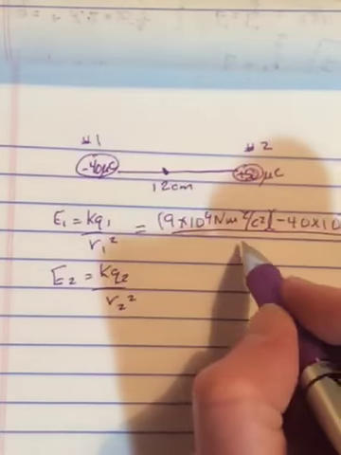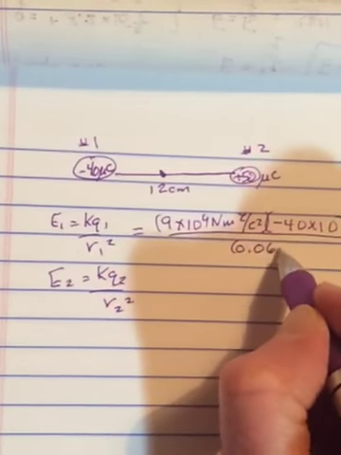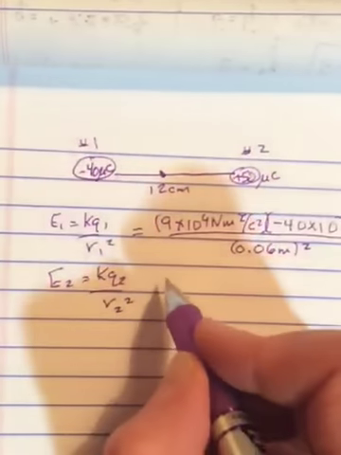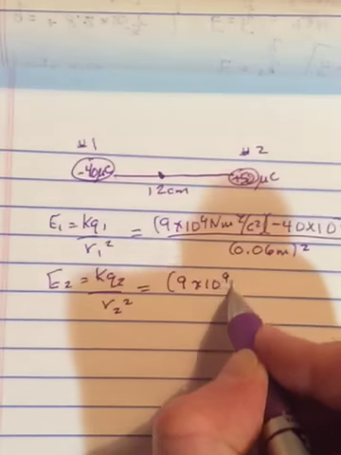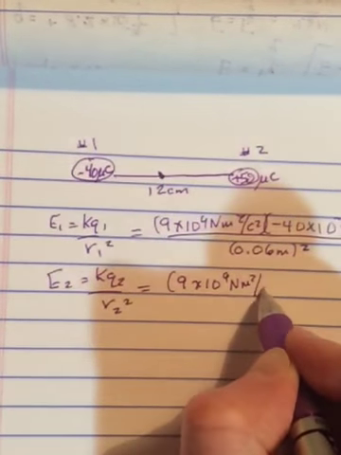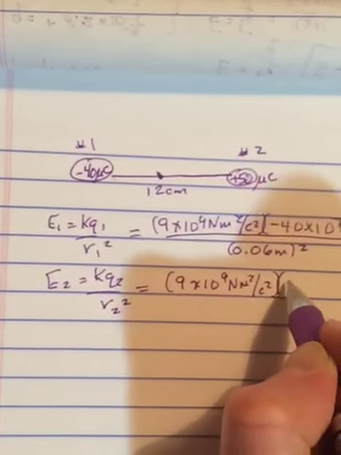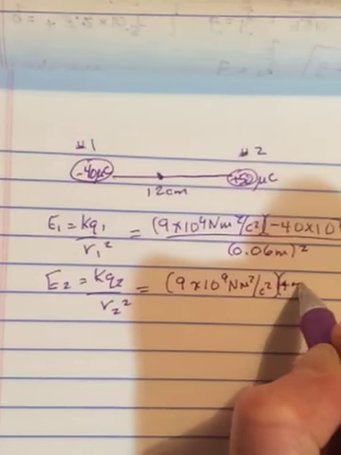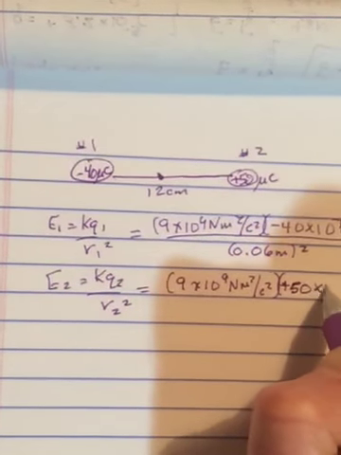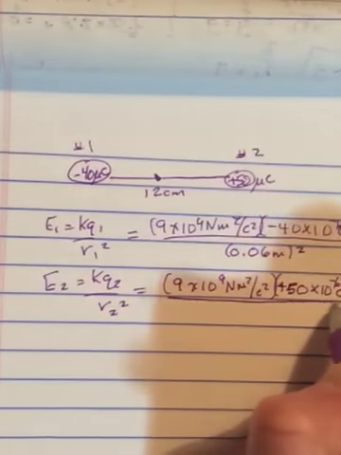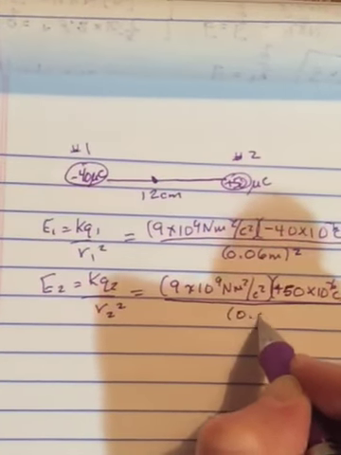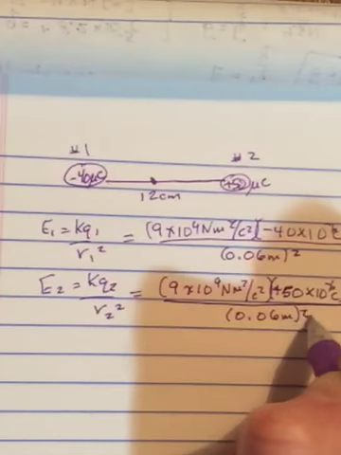And R1 is 6 centimeters, so 0.06 meters squared. And this one, 9 times 10 to the 9th newton meters squared per coulomb squared. This guy is positive 50 times 10 to the negative 6. And it is also 0.06 meters squared.